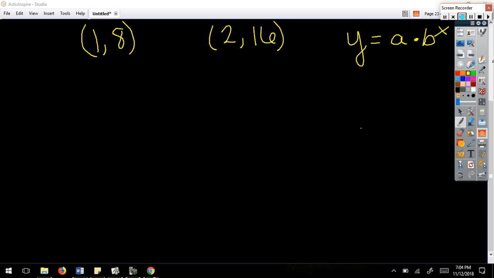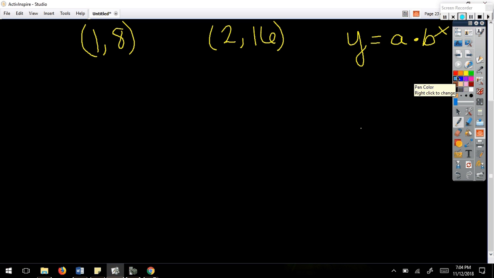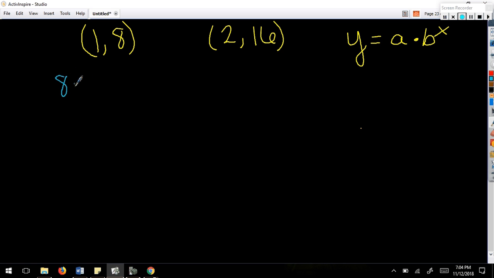Okay, so let's set up our 2 equations here. Let's do 8 equals a times b to the first, and then I will also do 16 equals a times b to the second. So again, I need to solve one of them for one of the variables so that I can use that value to plug back in.